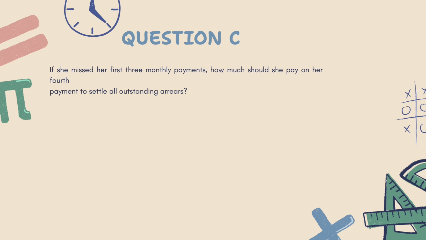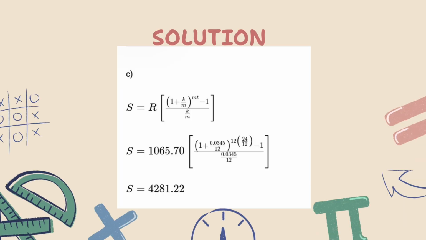Question C. If she missed her first 3 monthly payments, how much should she pay on her fourth payment to settle all outstanding arrears? For this part, I use the future value of an ordinary annuity formula, S equals R times ((1 plus K per M) to the power n minus 1) per (K per M).